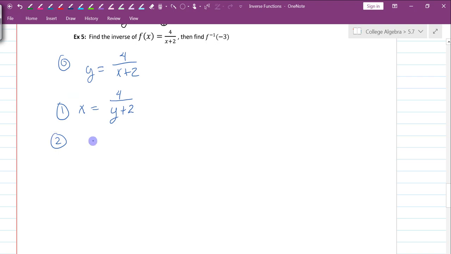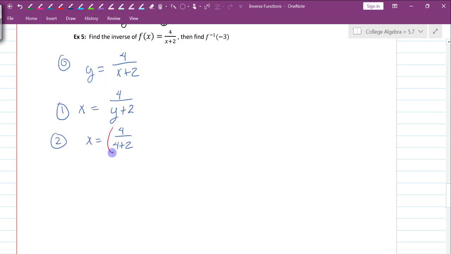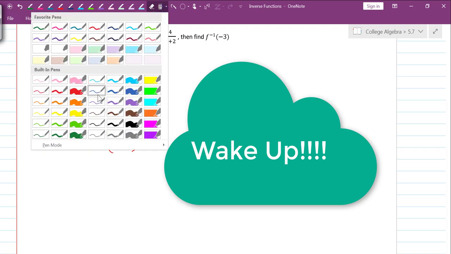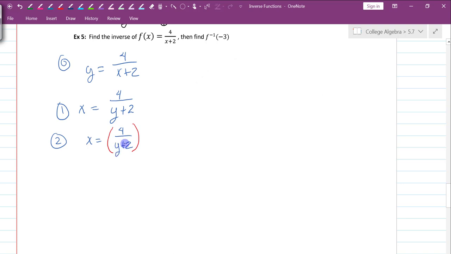So I have x is equal to 4 times y plus 2. If I'm going to solve for y, I'm going to need to get rid of that y, that's a y right there. Let me erase that and turn that into a proper y. There we go.